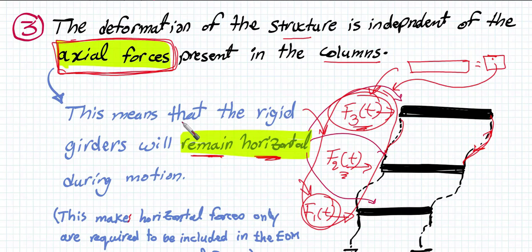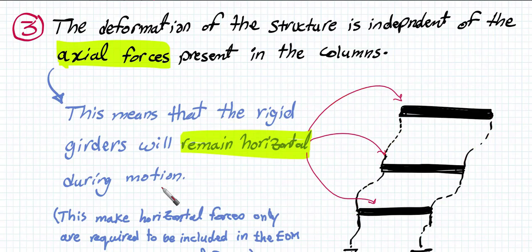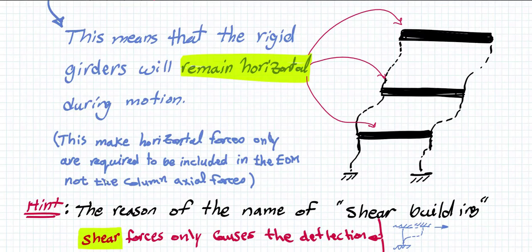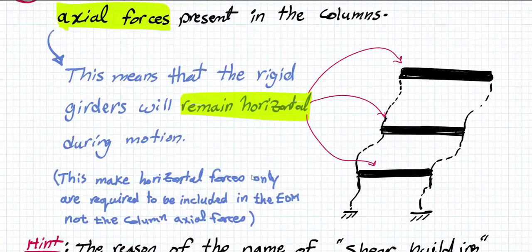So this means that the rigid girders will remain horizontal during motion, and only the horizontal forces are required to be included in the equation of motion, not the column axial forces, as we have mentioned, because the axial forces are not going to make anything for us.